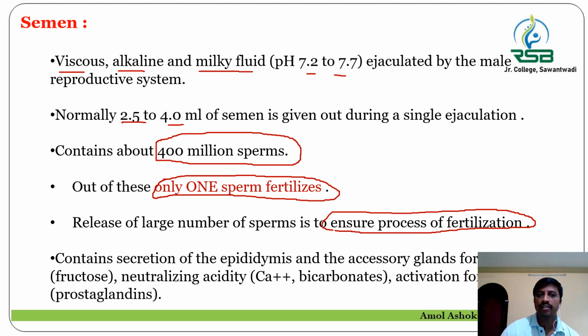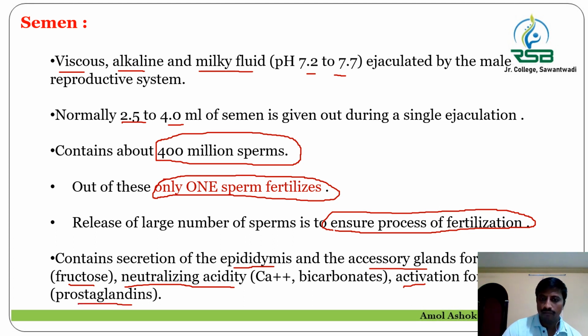This secretion, that is the semen, contains the secretions of a variety of parts of the male reproductive tract. It contains the secretions of the epididymis and the accessory glands, that is the seminal vesicle, prostate gland, and Cowper's gland, for nourishing the sperm, then for neutralizing the acidity, then for the activation and movement of the sperm, and prostaglandins.